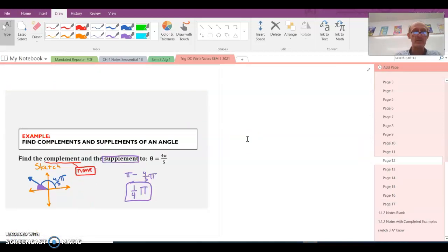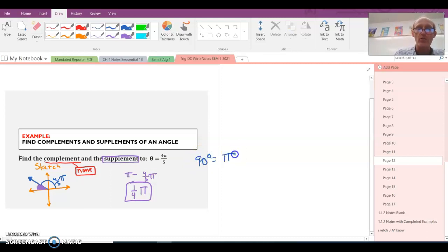To find the complement and supplement of an angle, you have to be able to subtract it from 90 and subtract it from 180. Now, two big ideas here are that 90 degrees is equal to pi over 2, or 1/2 pi, and 180 degrees is equal to pi. So very much keep that in mind.